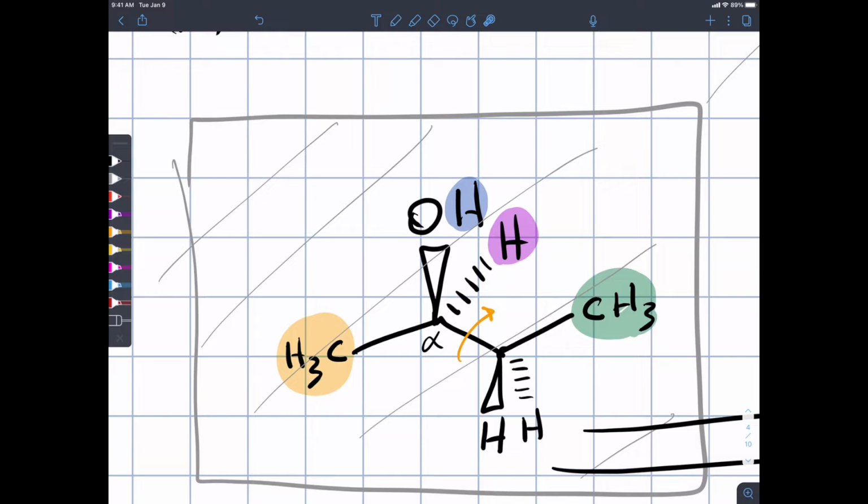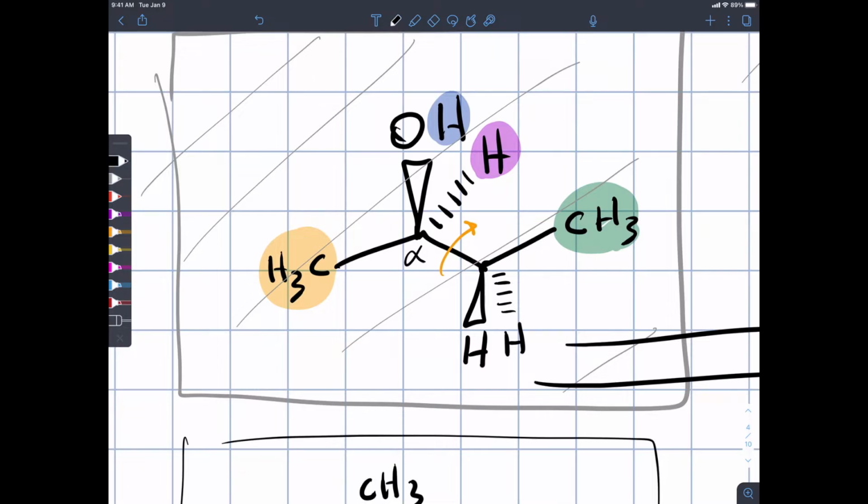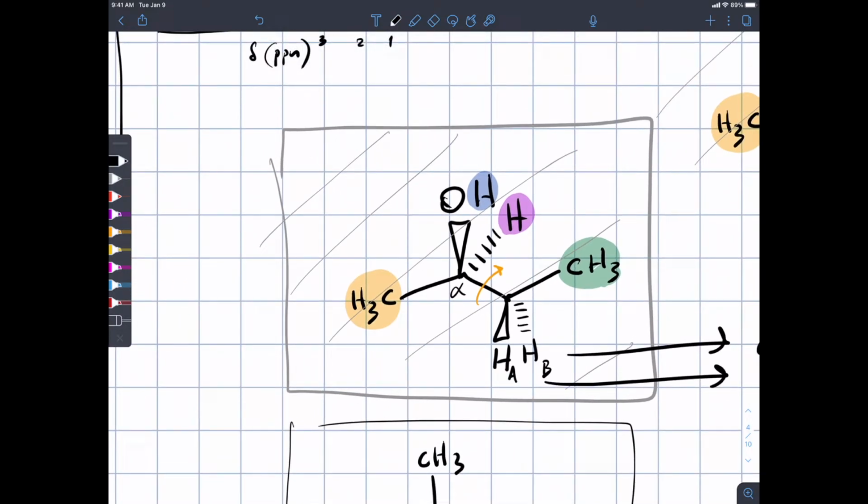It's pretty clear to see that this methyl group and that methyl group are distinct because they're in different environments, different connectivity. It's also clear to see that this CH proton is distinct from the methyl groups, and the proton that's on the OH group is distinct. What about these 2 protons? We might call them protons A and B.